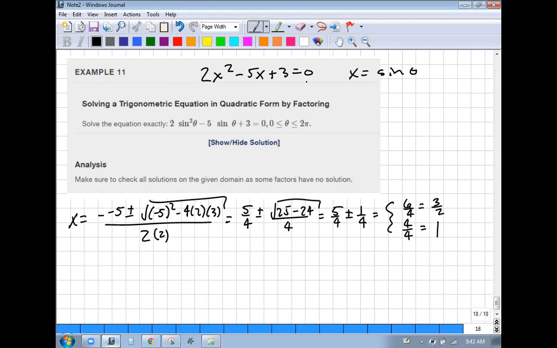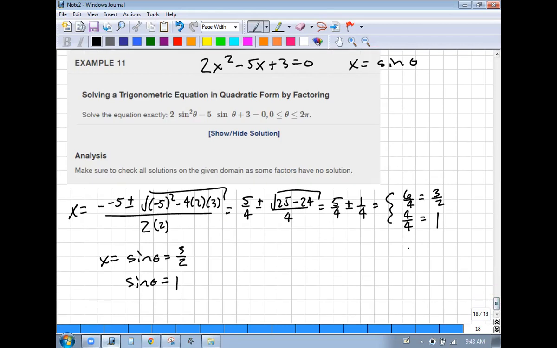All right, so we solve for x, but x is sine theta. So we have two of these here. We have sine theta equals 3/2 or sine theta equals 1, right? So this one gave us two different equations here.